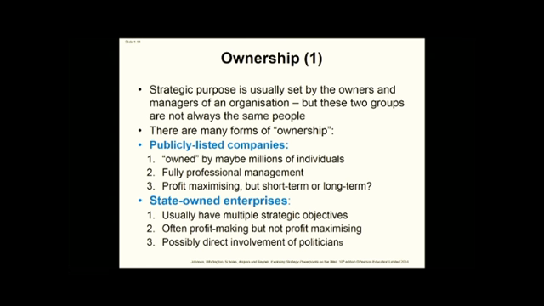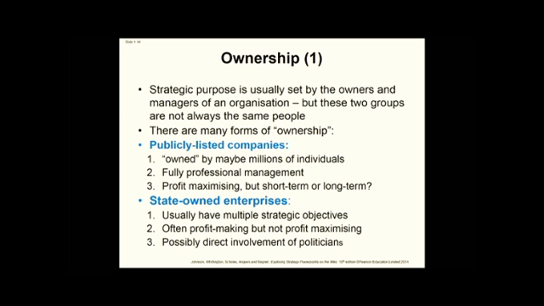The strategic purpose of an organisation is usually set by those who manage the organisation or by the owners. In some cases, the owners and the managers are the same thing, but very often they're not. The owners of a company listed on the stock exchange are the shareholders.